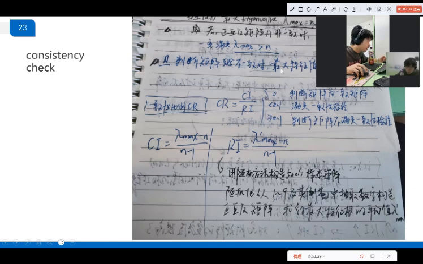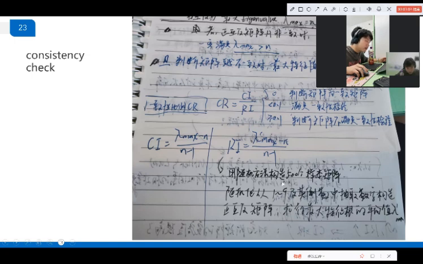If they input casually, it can't pass the consistency check. So how do we carry out this check? We use this formula: CI equals lambda max minus n, divided by n minus 1. Lambda max is the biggest eigenvalue. And what is RI?